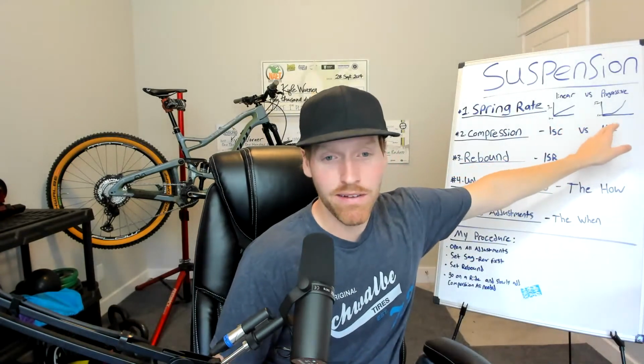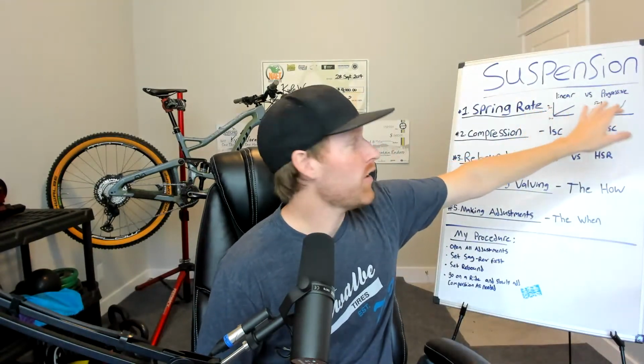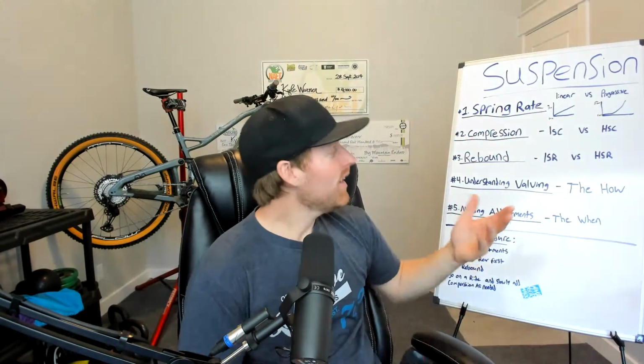Your shock maybe has 500 psi built into it when it used to only have 300. So now you just increase the speed of the rebound at that part of the stroke because you added more pressure pushing against it. So there are so many little adjustments.